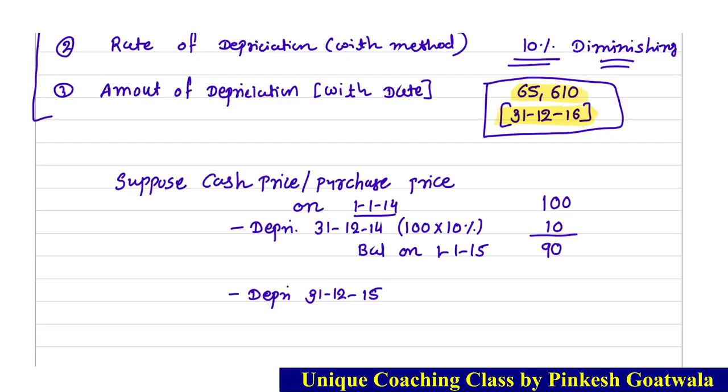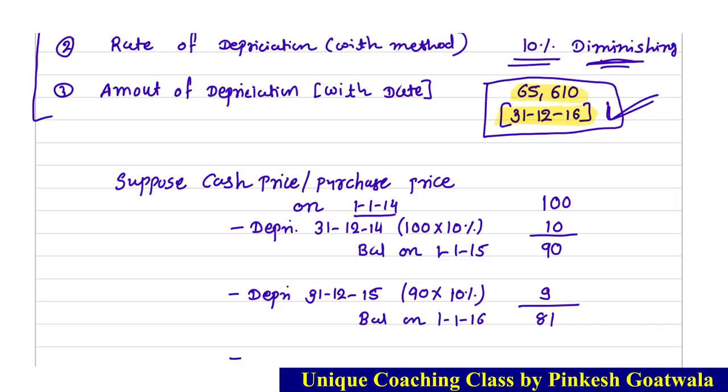And here diminishing balance method છે, એટલે 90 પર કેલ્ક્યુલેટ થશે, 90 ના 10%, so it will be 9. So here amount comes 81. You can write here balance on 1/1/16, till which date, this date 31st December 16, જે depreciation ની amount આપી છે એ year સુધી આપણે calculate કરીશું.